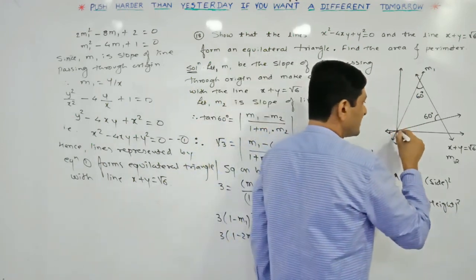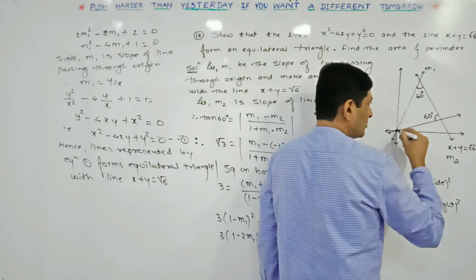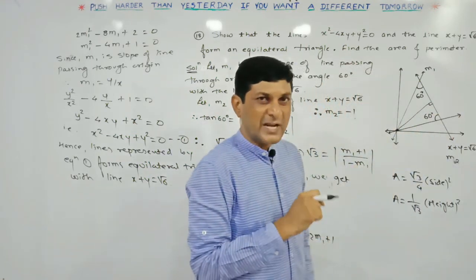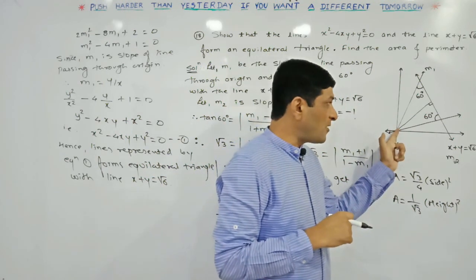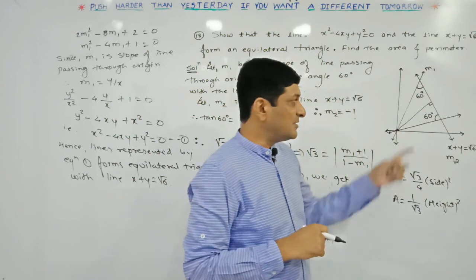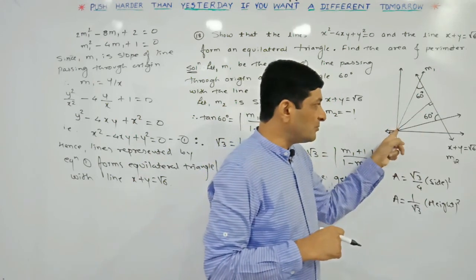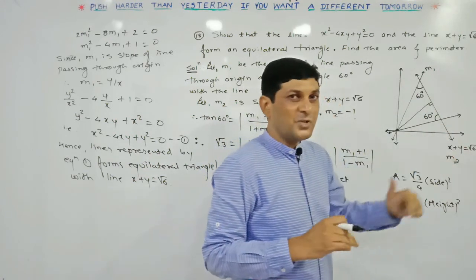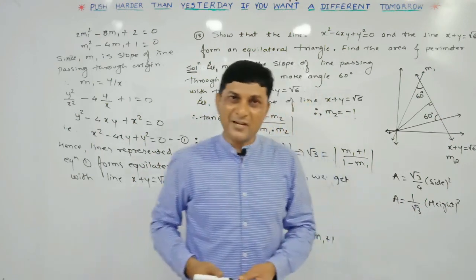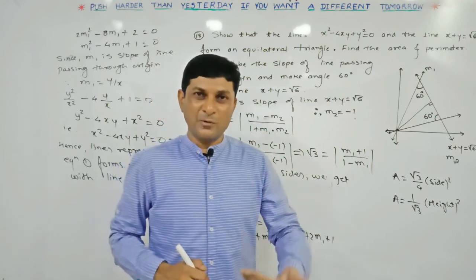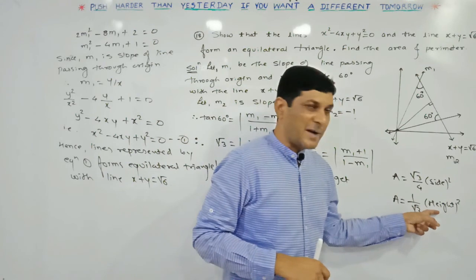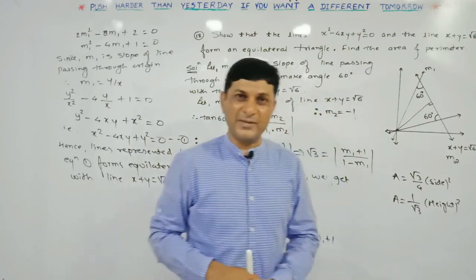Here the height of this equilateral triangle is nothing but the distance of this origin from this line, because origin is one vertex of this equilateral triangle and a perpendicular drawn from a vertex on its opposite side is nothing but the height. We have a formula to find out the distance of a line from the origin. Applying that formula, we are able to find out the height of the equilateral triangle, and once the height is known to us, this formula is applicable to find out the area.